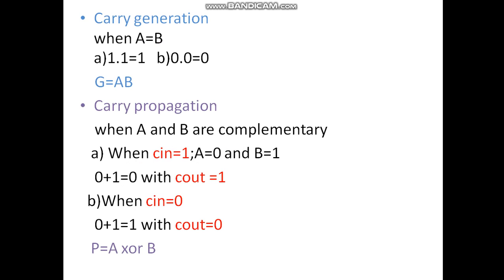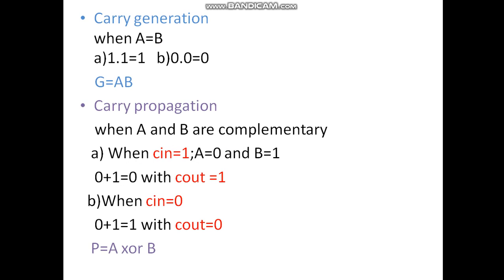So for this operation, suppose now C in is equal to 1. So the sum will be 0 and the carry out will be 1. Let us consider the second case where C in is equal to 0 and A is equal to 0 and B is equal to 1. So 0 plus 1, the sum is 1 and carry out is 0.